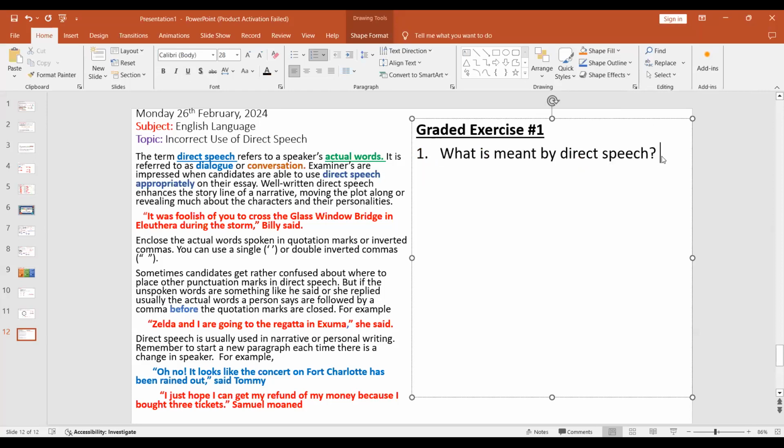Is it A, speaker's tone, B, speaker's mood, or is it C, speaker's words?